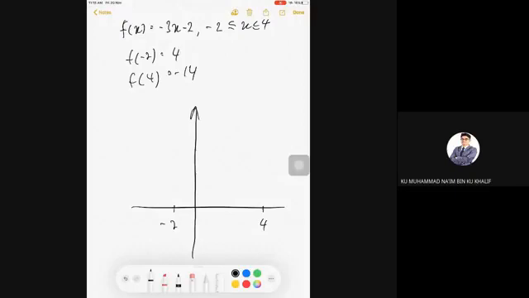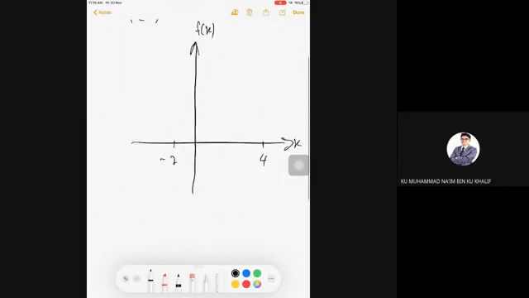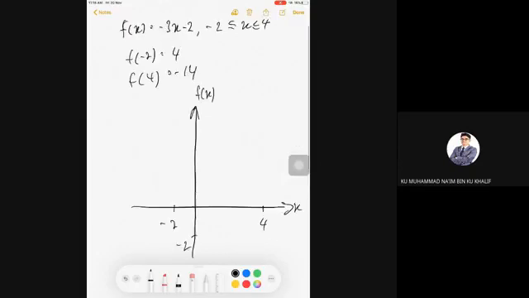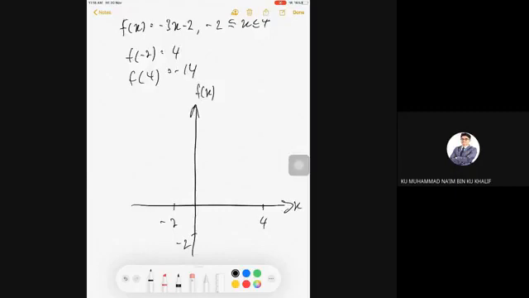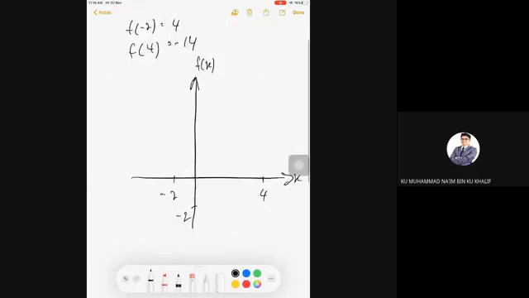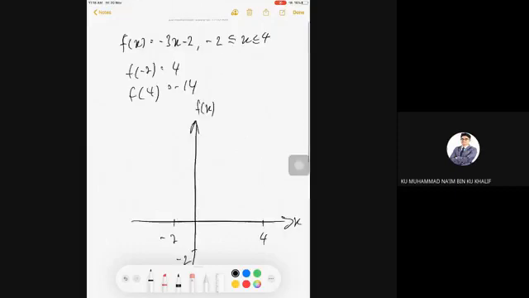Okay, so betul tak saya buat ni? Negative 2, 4. Soalan ni negative 2. Should be somewhere here. Negative 2, 4. Betul tak saya punya graph ni? Yang penting kan?